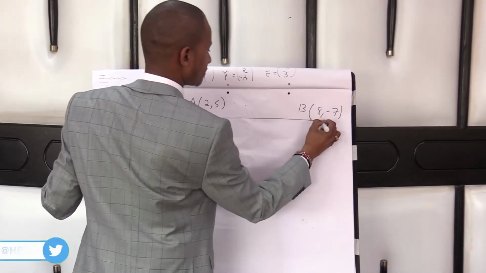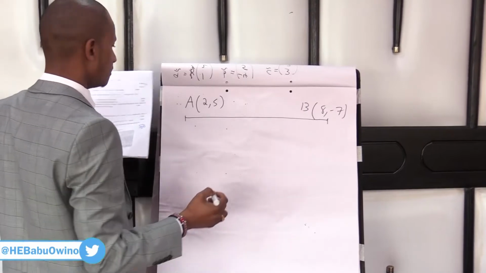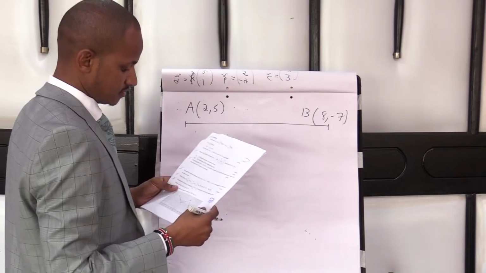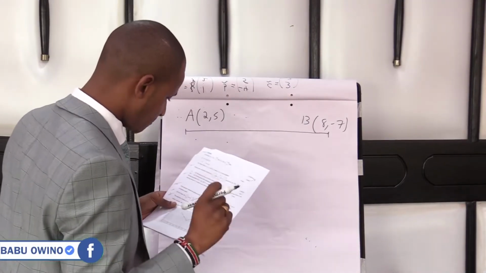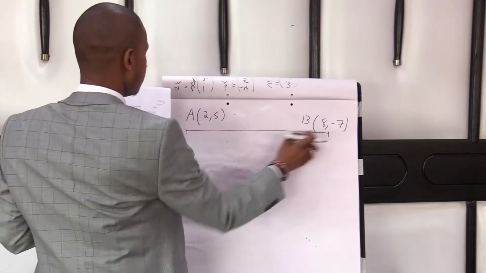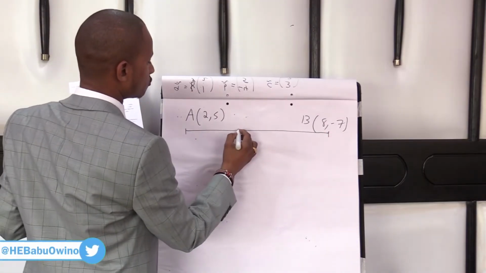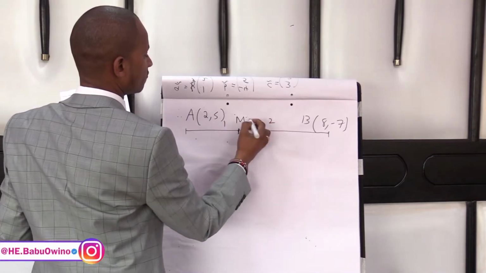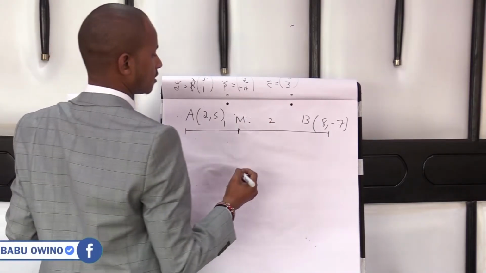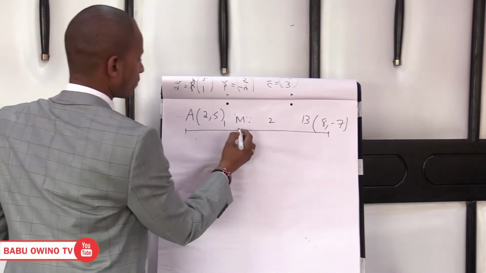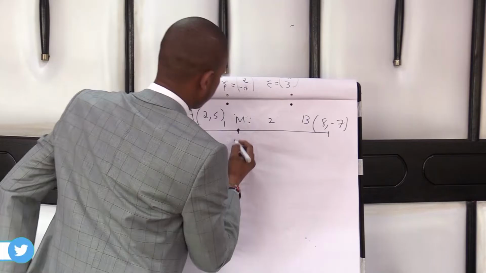So these are 2 points A and B. Then you are told to find the coordinates of M, remember, not the position vector, but the coordinates of M, which divides AB in the ratio of 1 to 2. So our M is there. It divides this in the ratio of 1 to 2. So we want the coordinates of M.